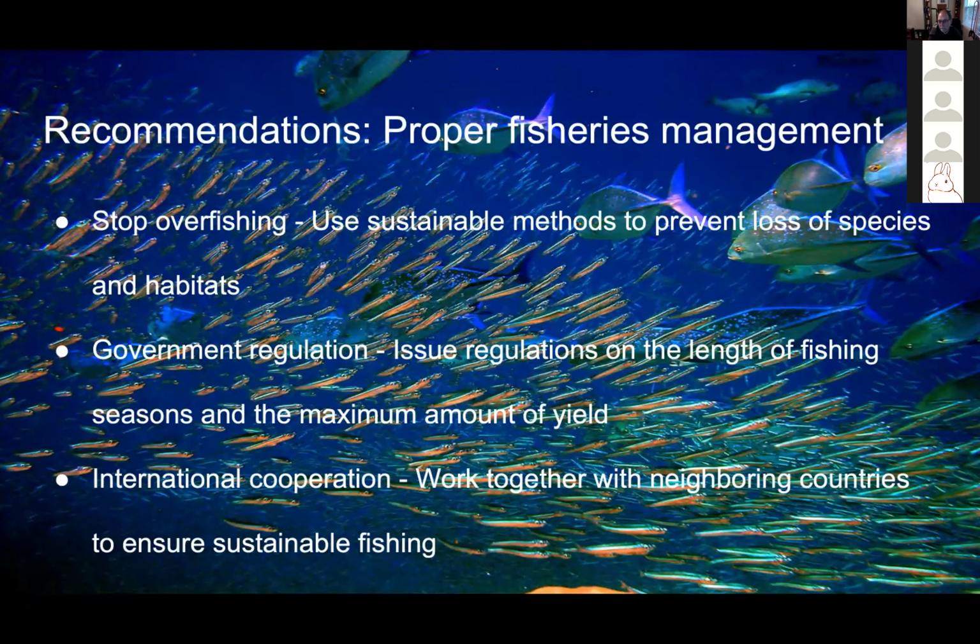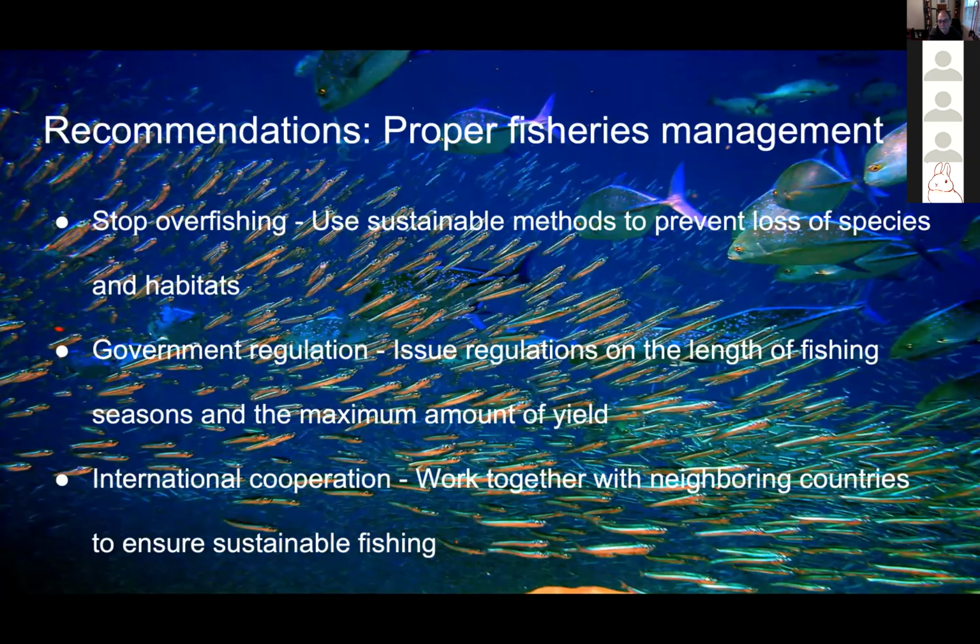Another one would be government regulation, and this would be issuing regulations on the length of fishing seasons and the maximum amount of yield, which I just mentioned. If you decrease the length of fishing seasons, it allows more time for the fish stock to naturally replenish itself.